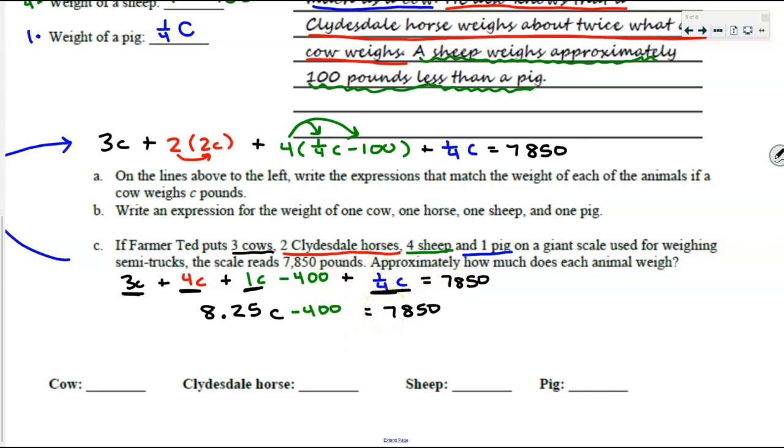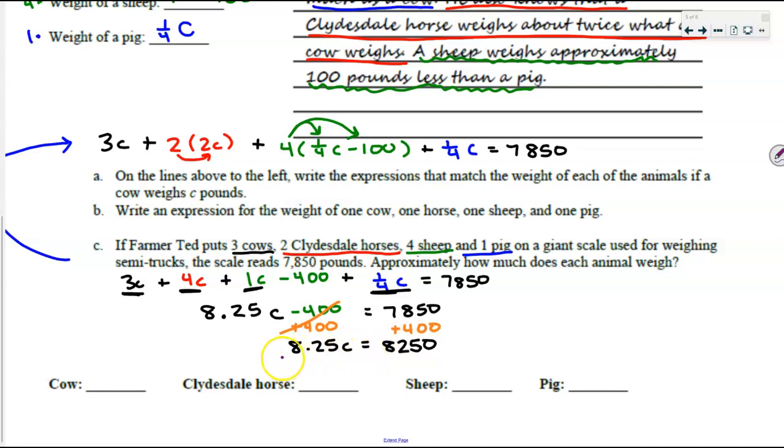You can take these solving steps. I'm going to undo subtracting 400 by adding 400. 8.25C is equal to 7,850 plus 400, 8,250.